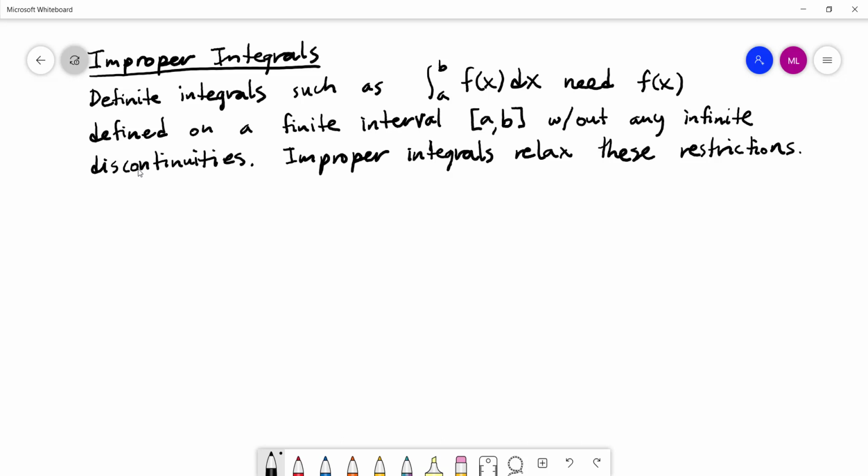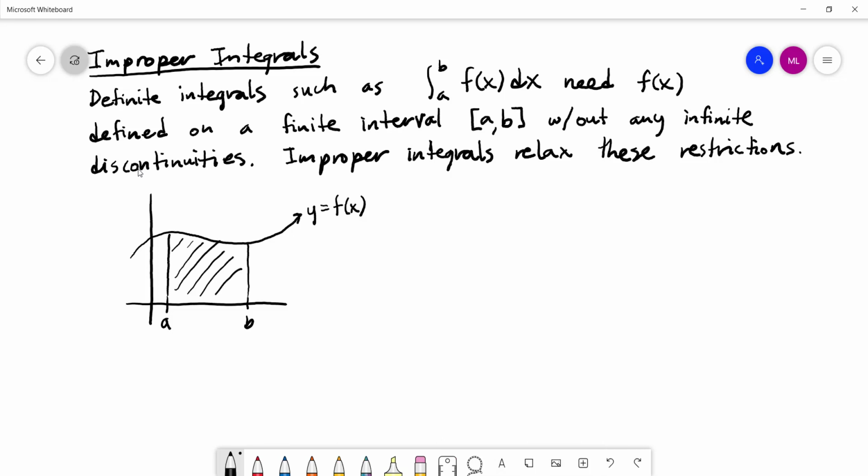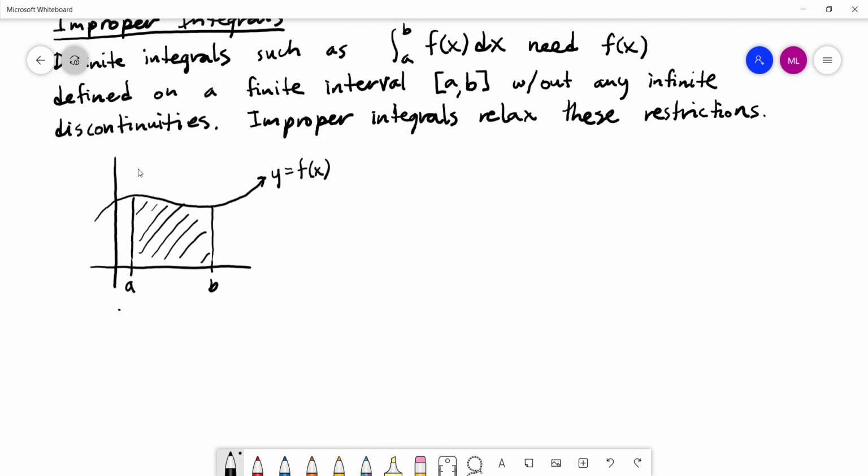So essentially right now, we're able to deal with functions that look like this. Here's some y equals f of x, and here's some finite interval a to b, and we can find this integral, the integral from a to b of f of x dx, no problem.